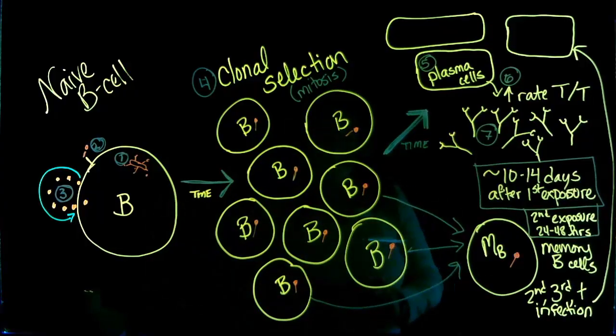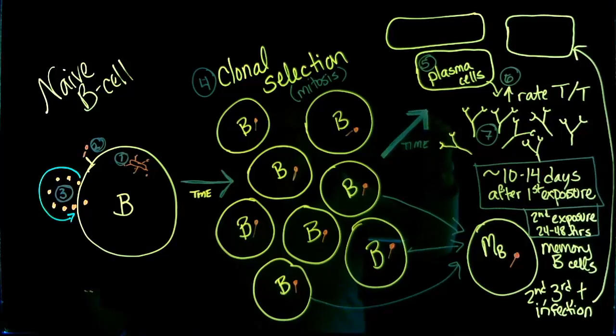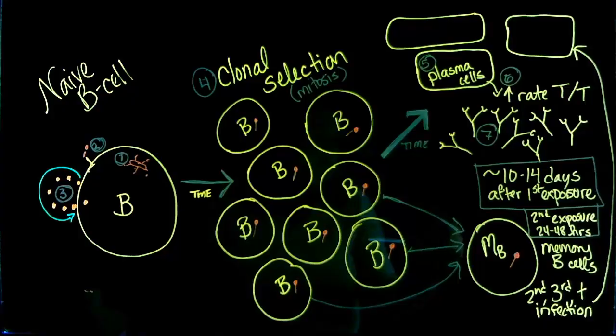Now, where do the memory cells come from? Remember, during the time that some of these cells were generating and creating the plasma cells, a few of the cells are getting recruited to a reserve army. And those recruited cells are going to not form antibodies immediately, but rather go on reserve.